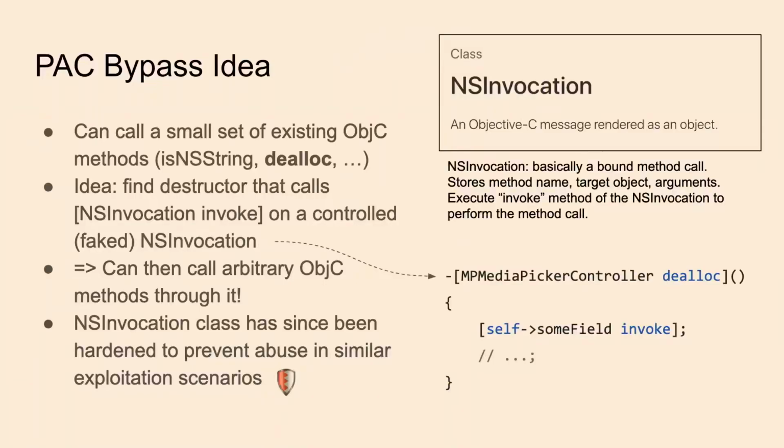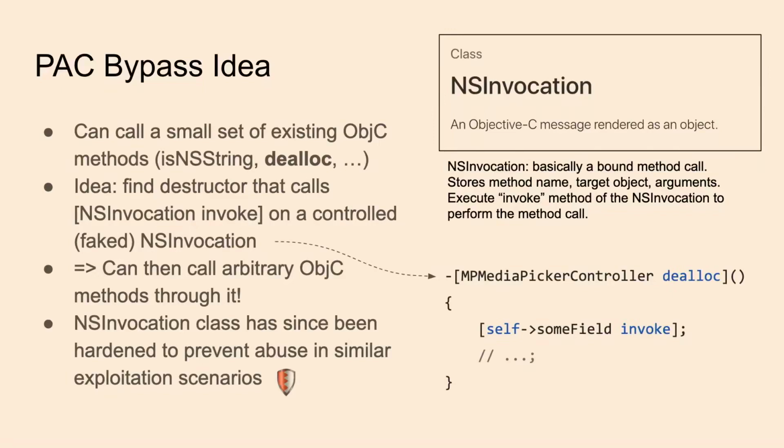Okay, so what can we do with this? One very interesting method we can get called is dealloc, the destructor. So I think in quite a few, maybe most of the Objective-C exploitation scenarios, you can probably get a dealloc method called. Now what you do is you just enumerate all the destructors in the shared cache. There's tons of them, I think 50,000. And you can get any of those called. And then one of them, or a few of them, are really interesting because they call this invoke method, which is part of the NSInvocation object or class.